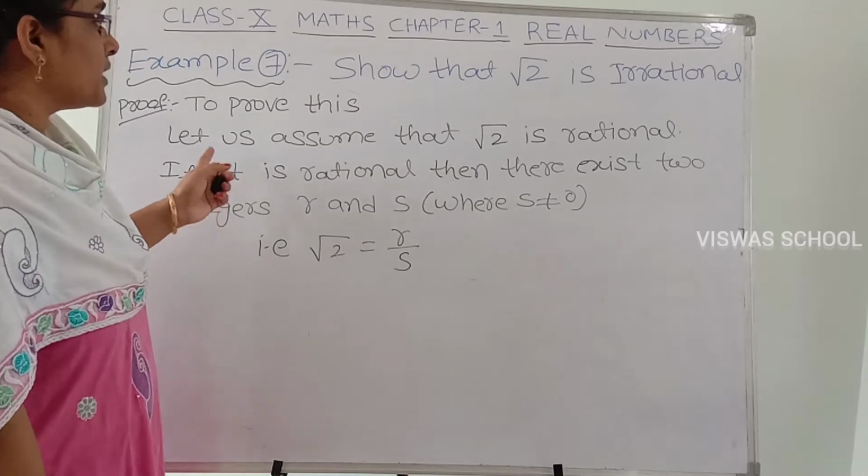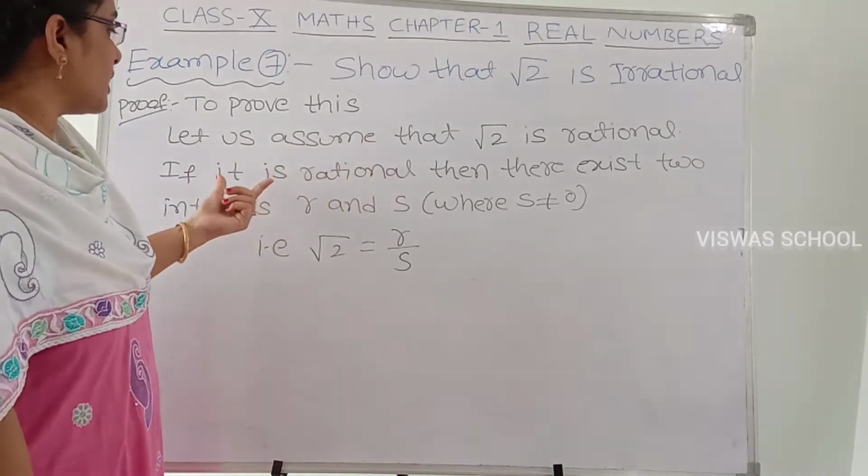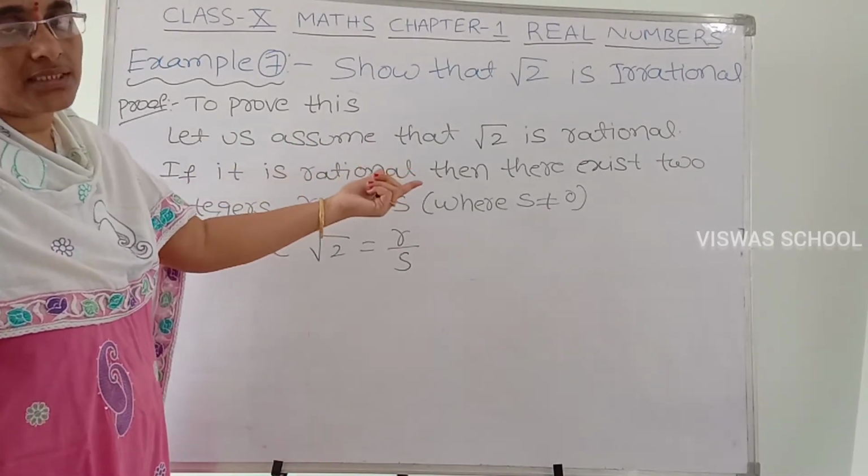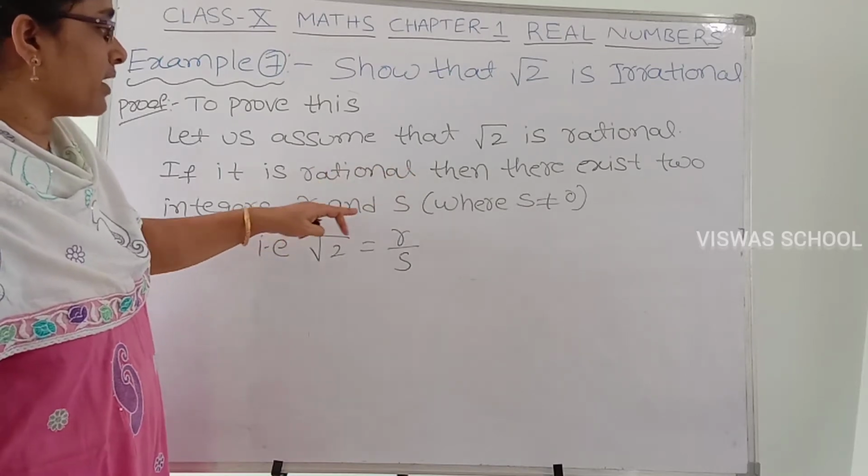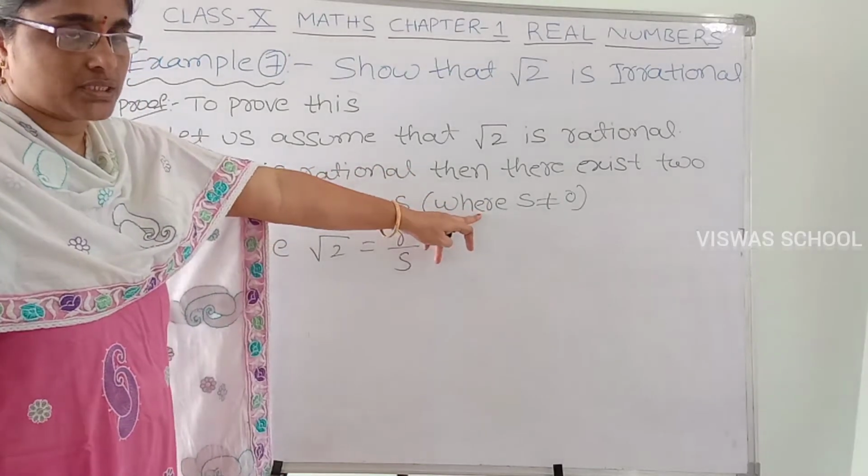Let us assume that root 2 is rational. If it is rational, then there exist two integers, R and S, where S is not equal to 0.